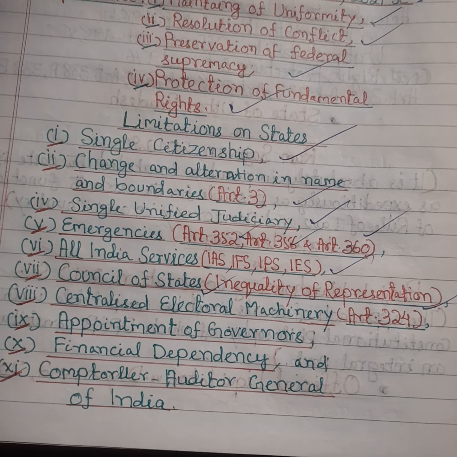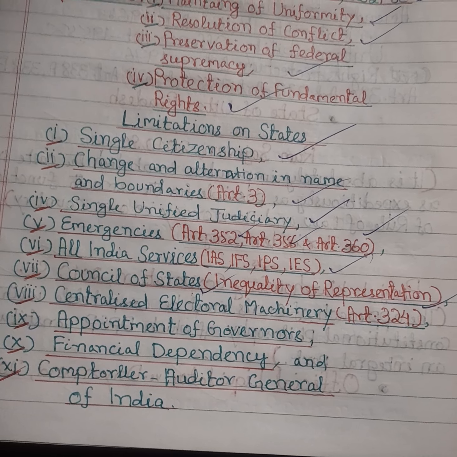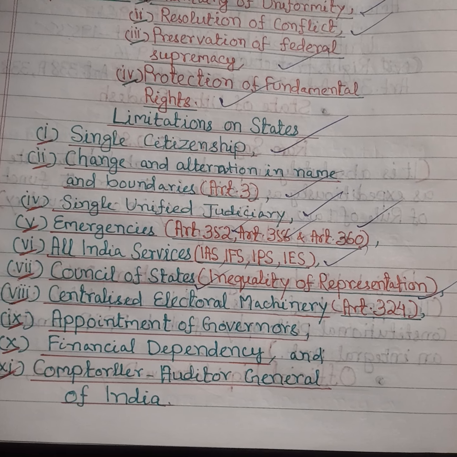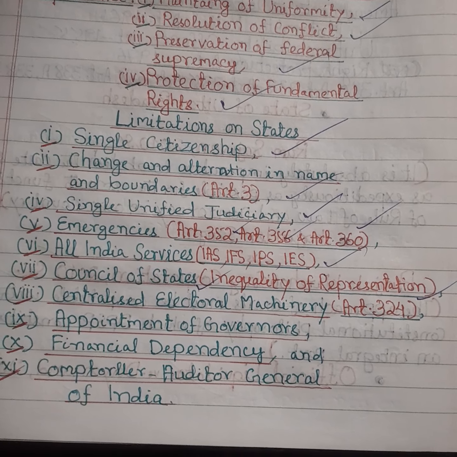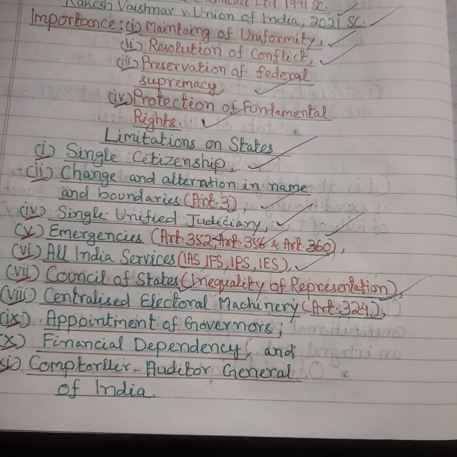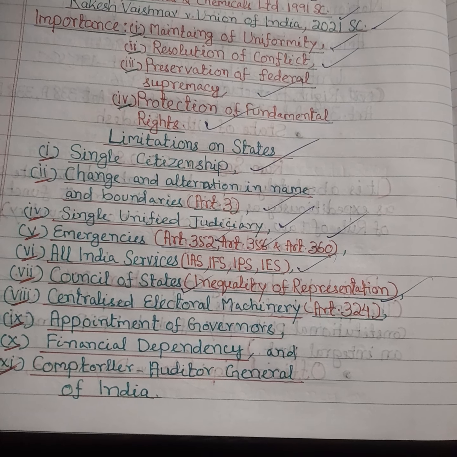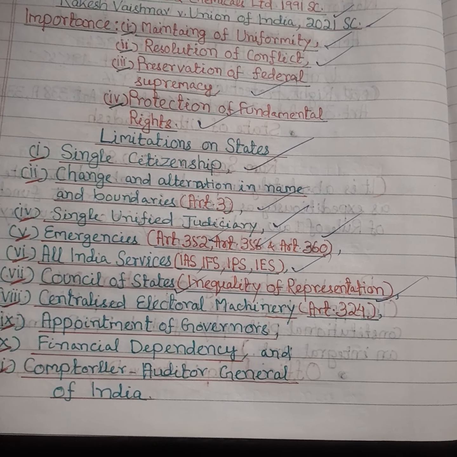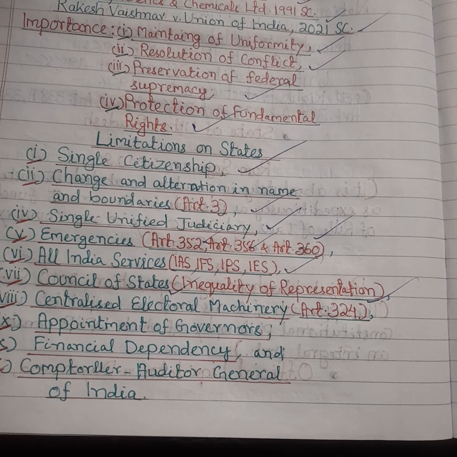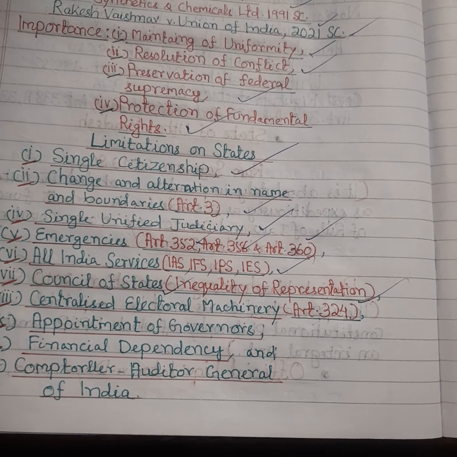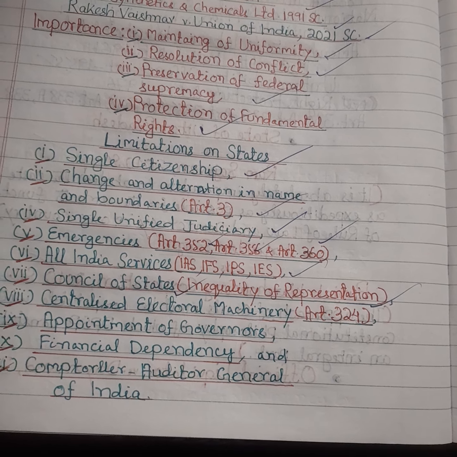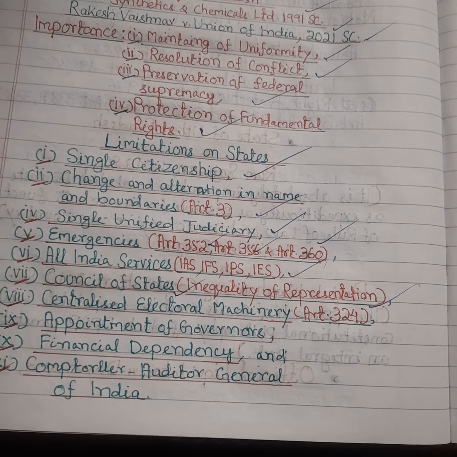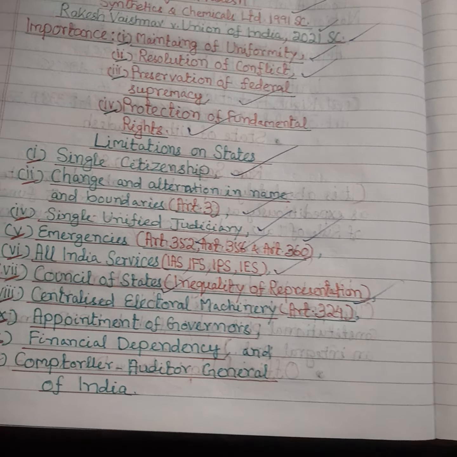States with a larger population are given more seats than the states with a smaller population. So, this is another important centralizing feature of our quasi-federal structure, and it is another limitation on states regarding the legislation or lawmaking by the state legislatures.